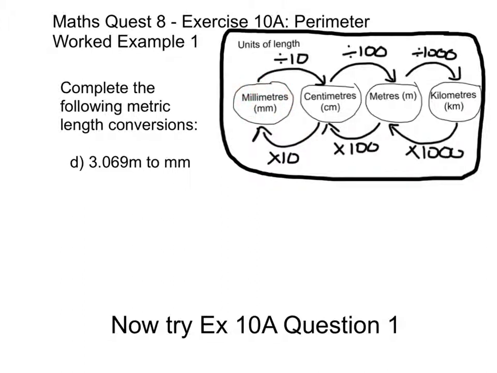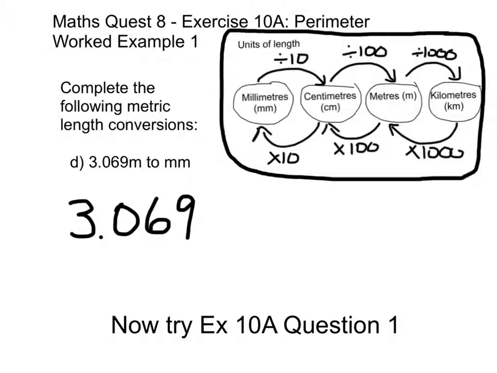So we need to convert metres to centimetres by multiplying by 100, and then we have to convert centimetres to millimetres by multiplying by 10. So let's write our number, 3.069.